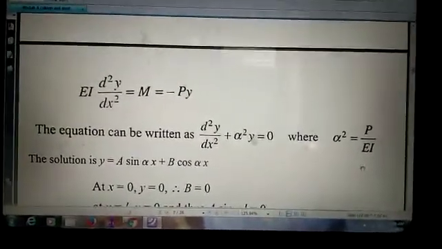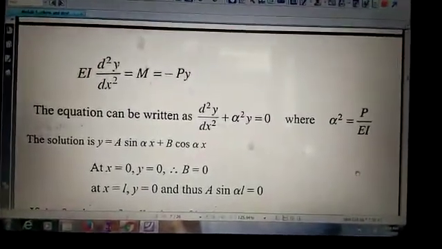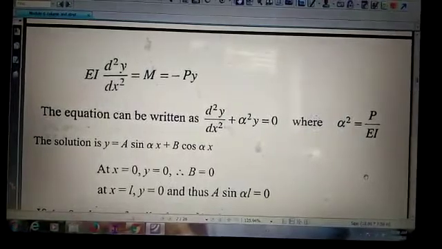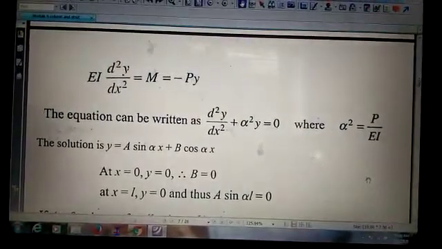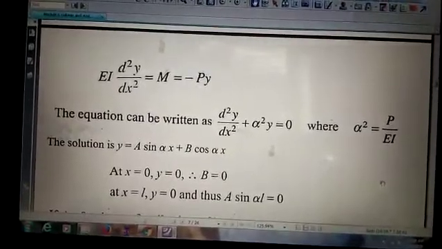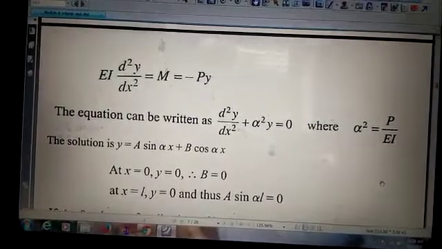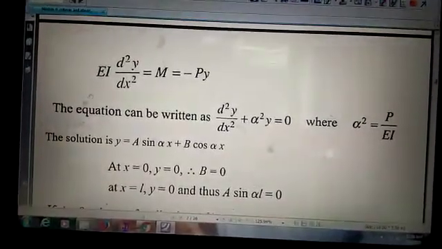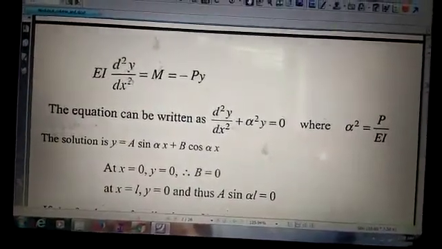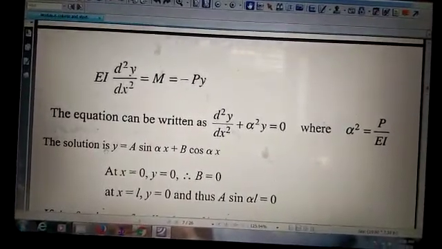The equation can be written as d2y upon dx square plus alpha square y is equal to 0, where alpha square is equal to P by EI. This equation forms EI d2y by dx square equal to minus P y.